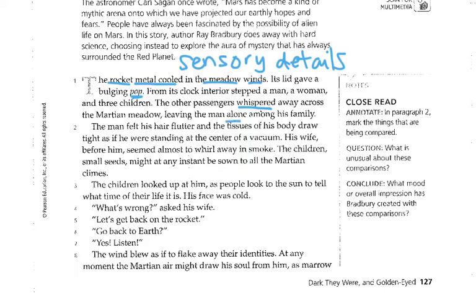I'm also seeing that there's maybe not anything else around. A meadow is just grass, and now I see that the family is standing there by themselves. So it's giving me a sense of place in just this first paragraph. I'm also going to start to see some examples of tone here. I'm seeing words like alone, and when they're whispering away, along with the sound of the wind, it makes me feel a little bit eerie.